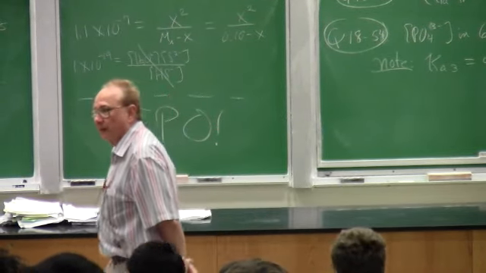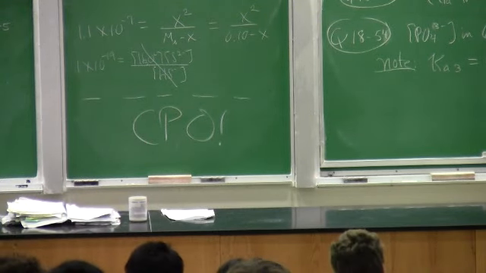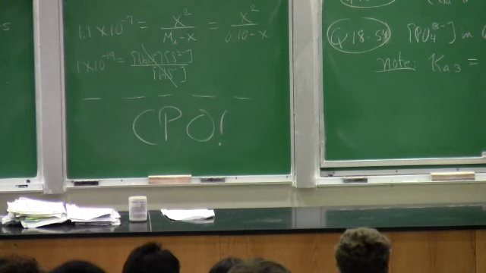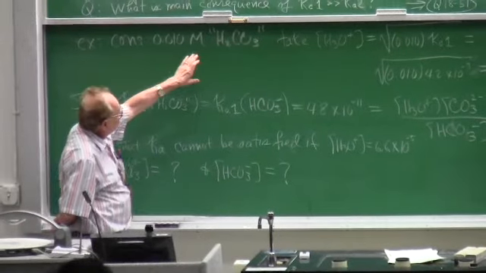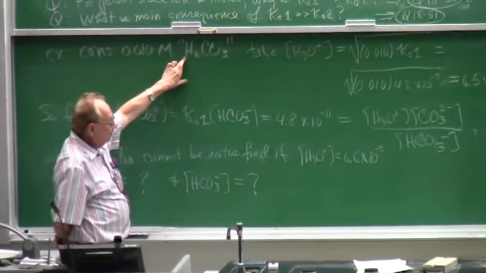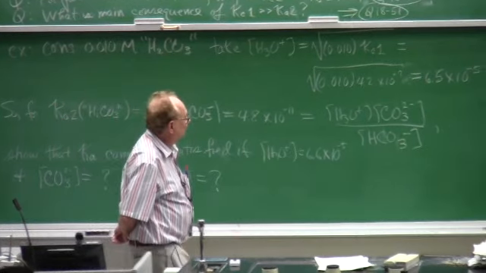Ka for bicarbonate is 4.8 times 10 to minus 11. Now, Ka1 for H2CO3, or call it just Ka for H2CO3, hydrated CO2, quote unquote, is 4.2 times 10 to minus 7. Okay?